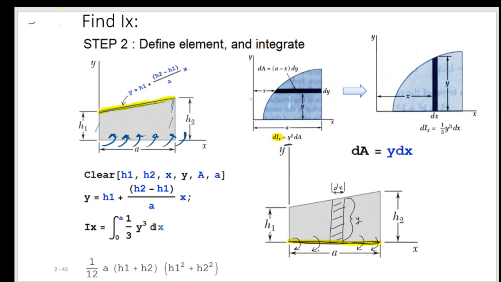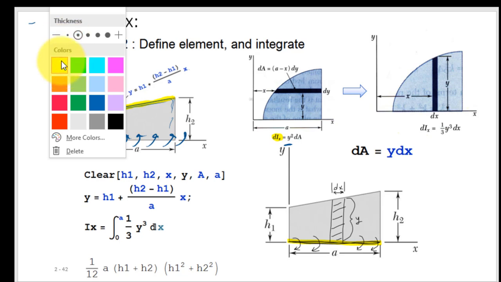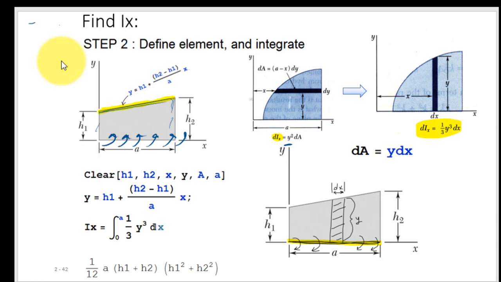And this is where that little trick with the 1/3 comes into play. This is going to allow us to define a vertical element for our inertia around the x-axis that will make this a lot simpler to solve.